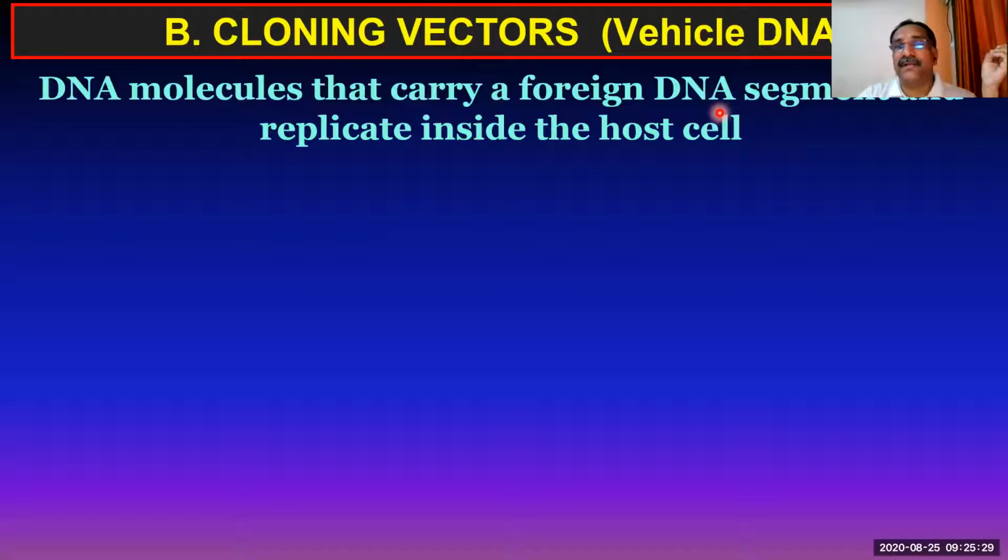But to reach the host cell, you need a vehicle to carry this foreign DNA segment and to get it replicated, multiplied, to produce the clones. Such a DNA molecule, which we use to carry the foreign DNA segment as well as to get it replicated in a host cell, is called the vehicle DNA or the cloning vector.